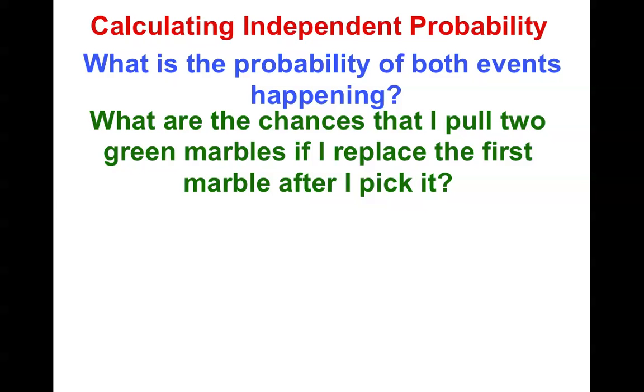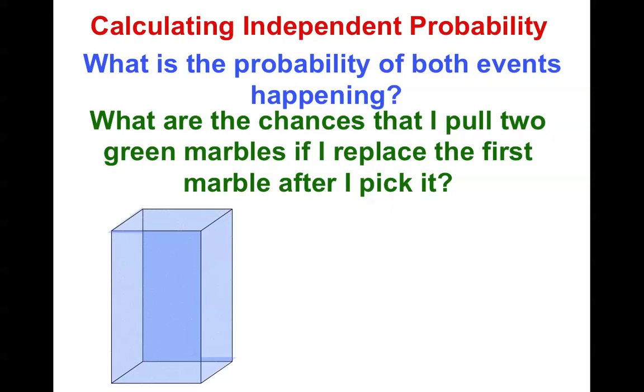So what's the probability of both events happening back to back? What are the chances I pull 2 green marbles if I replace the first marble after I pick it? We looked at it this way. I pick the first one, put it back, and then I pick the second one.